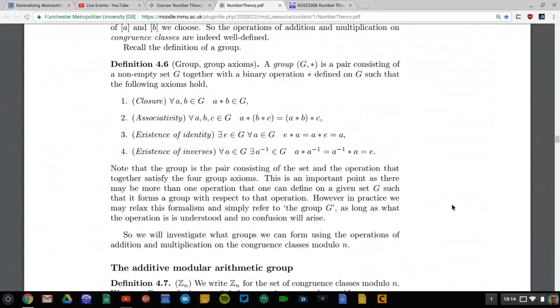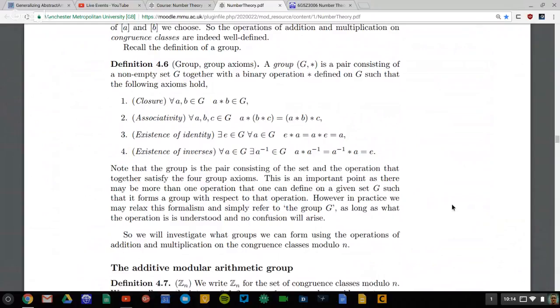Existence of identity. So in order to be called a group, there must be a special element such that when you multiply it by any other element, you again get the same element back. So what's the identity for addition of congruence classes, and the identity for multiplication?